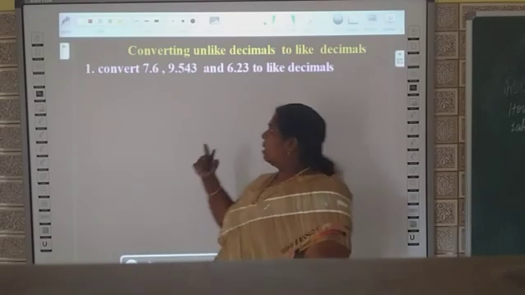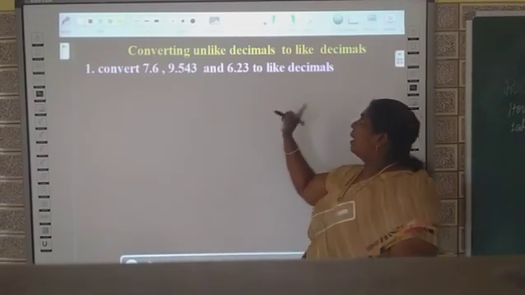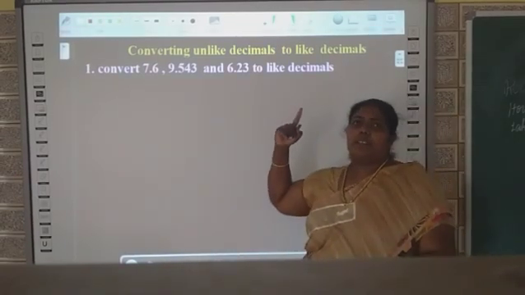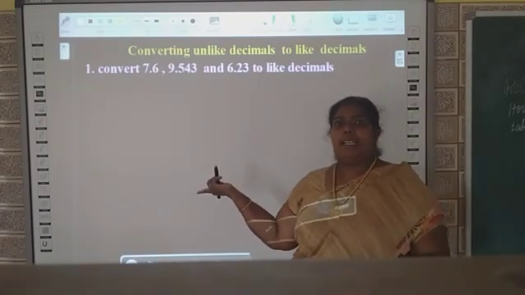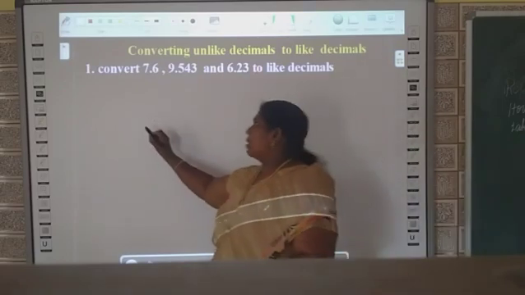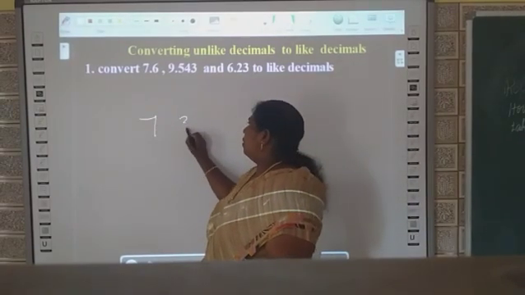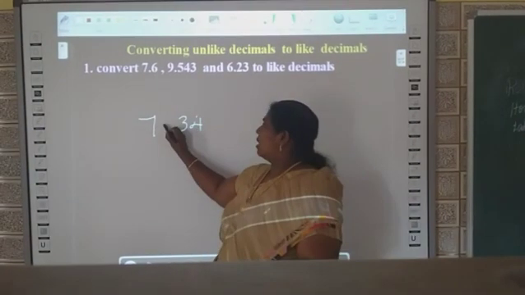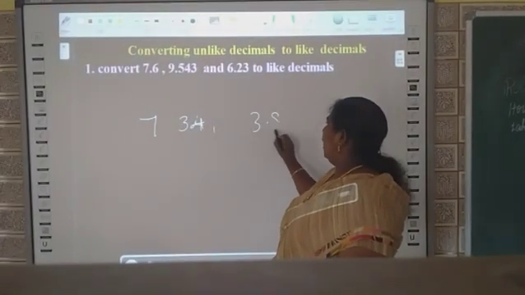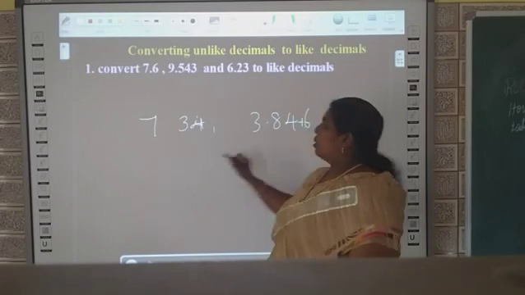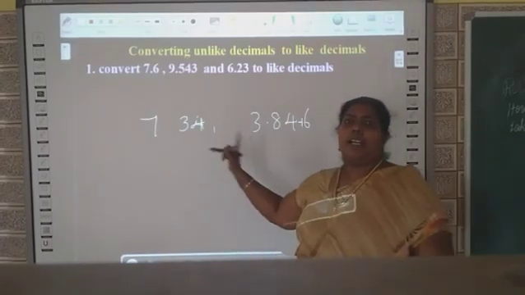Yes, now we are going to discuss converting unlike decimals to like decimals. For example, 7.34 and 3.846. Are these two decimals like or unlike?